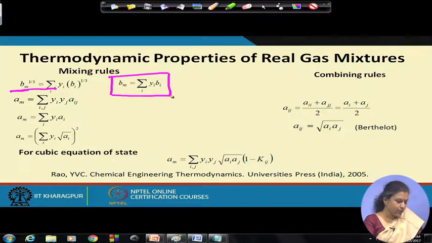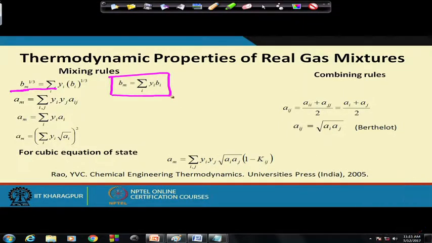Now, let us come to A. If you recall, A was introduced just to take into account the interaction between the different molecules. Therefore, at moderate densities, for mixtures whose molecules are not very dissimilar in size, the mixing rule for B does not significantly affect the prediction of the results, but the influence of A on the results is much more important.